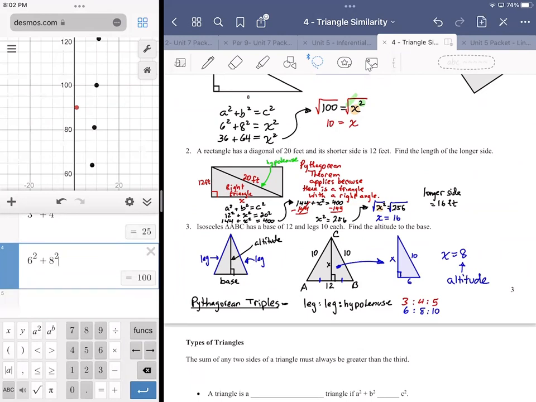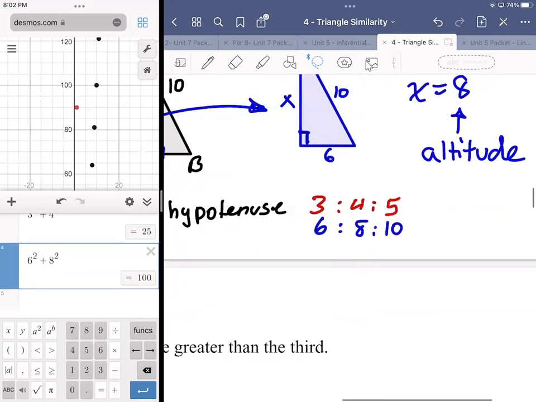So any multiple of 3, 4, 5 would get the job done, right? So I could say 3n, 4n, 5n, where n is a whole number.